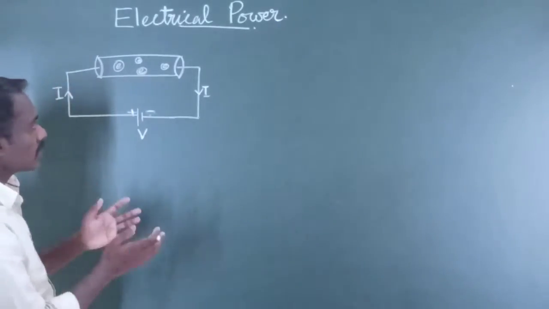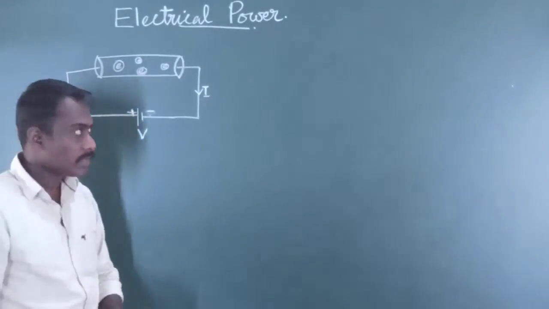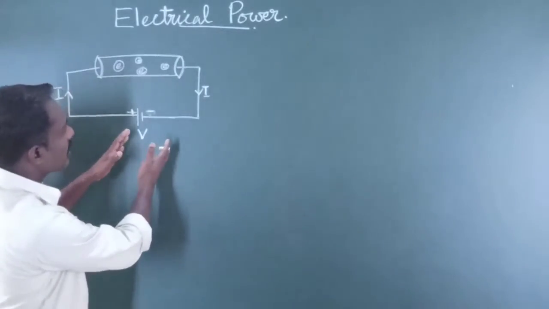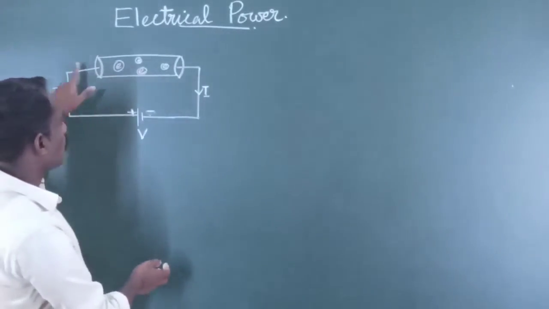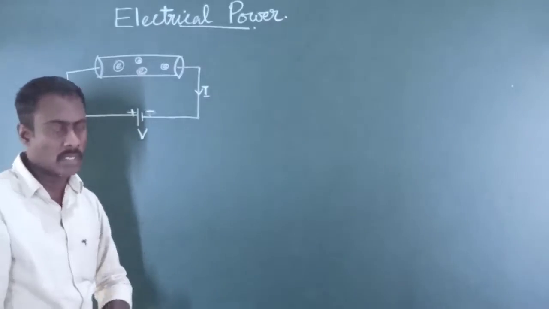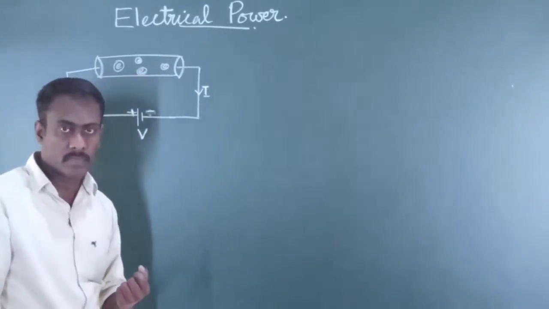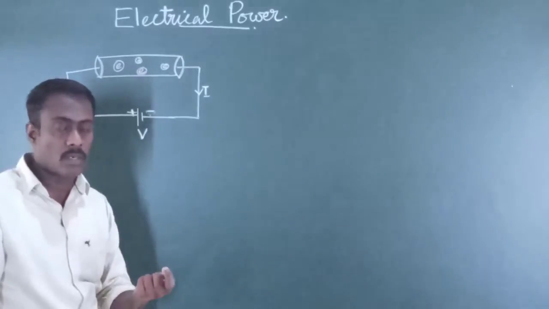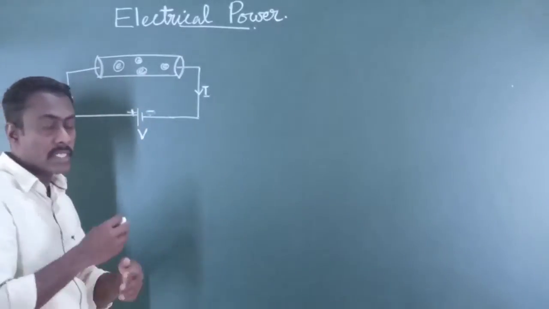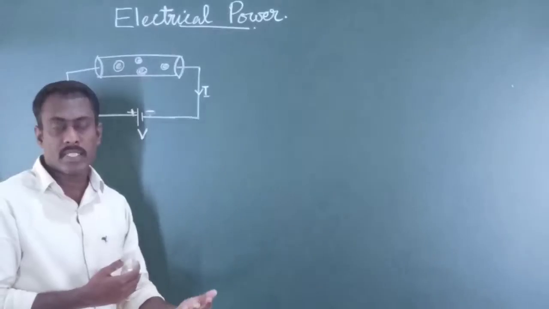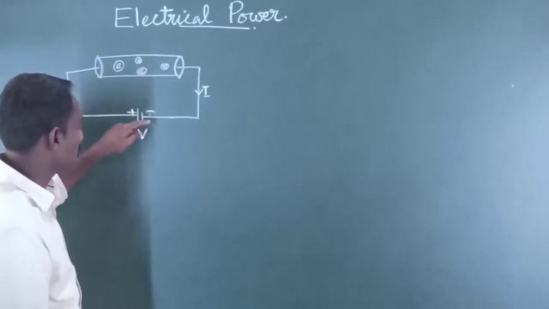Then what is electrical power? This potential difference is applied to maintain the flow of free electrons. In order for the free electrons to flow through a conductor, it requires energy. Simply, they cannot flow through the conductor without energy. And from where is this energy obtained? From the applied voltage.